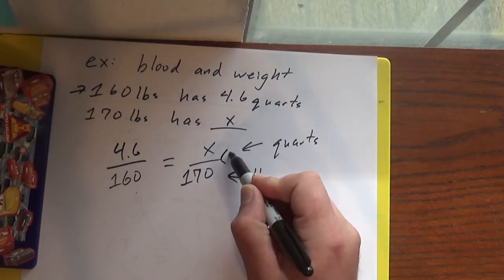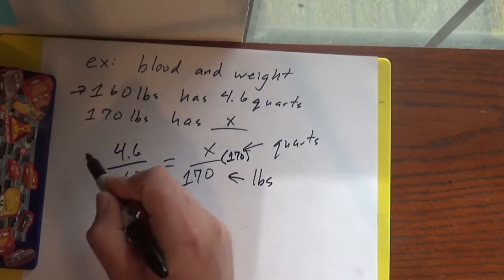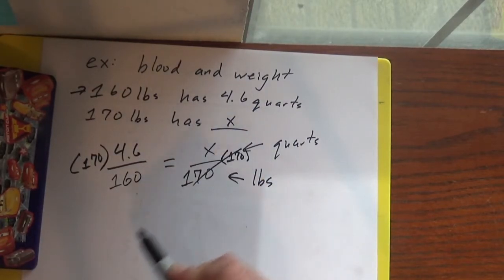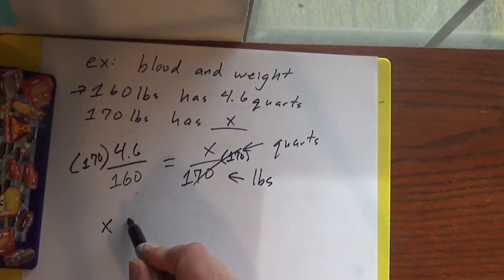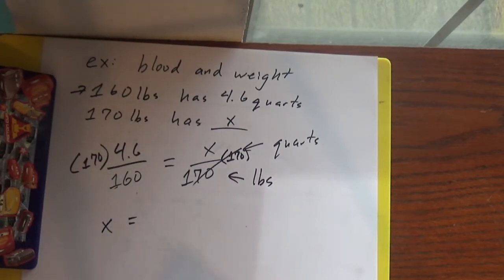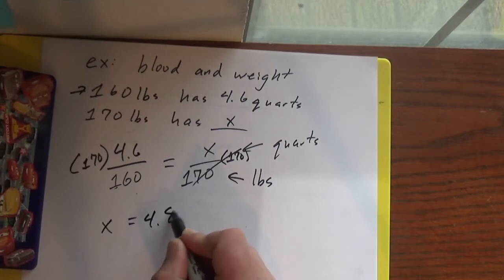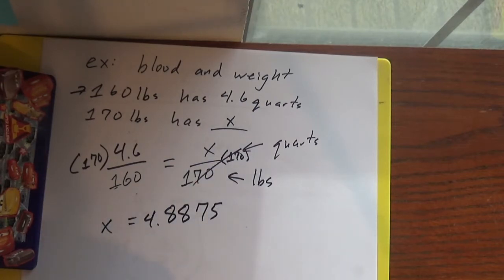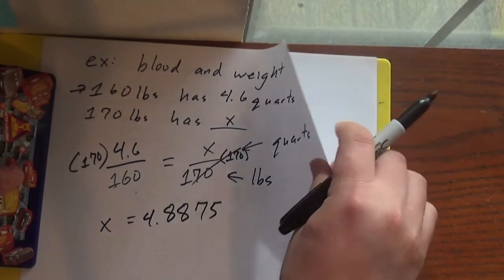So I want to multiply both sides by 170. Those cancel out. And all that is more than I'm going to do in my head. I did it on the calculator earlier just to save myself some time on this video so that you guys don't see me trying to use my calculator on my phone.